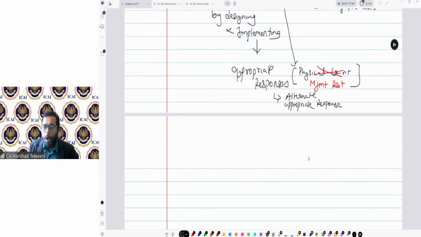When I say response, I am talking about an audit procedure, or any other procedure that will help me gather sufficient and appropriate audit evidence in relation to that particular risk of material misstatement. So I need to design an alternate appropriate response for this area, which could include inspection of management count records.